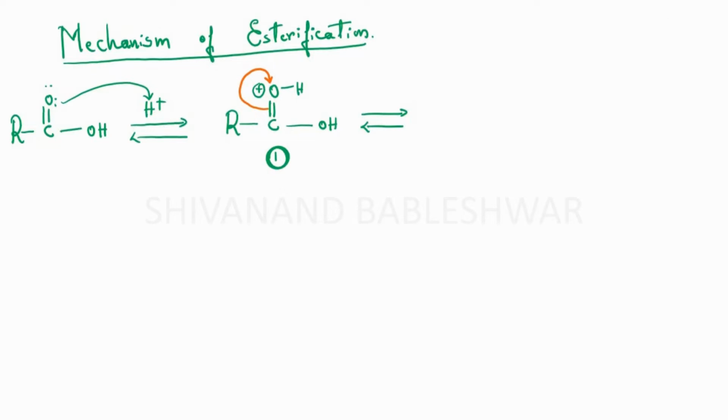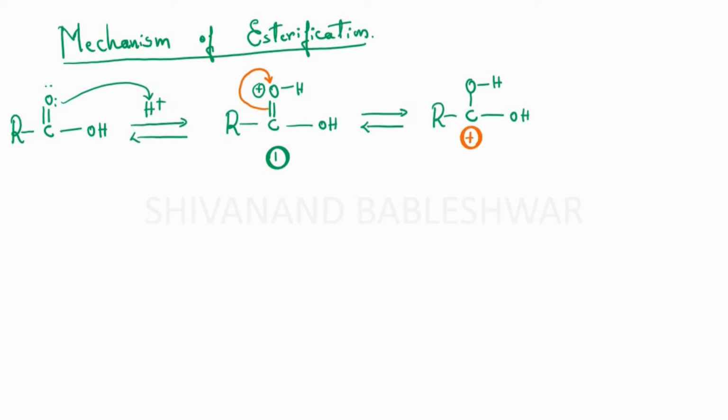Therefore we can write one more intermediate: R single bond C, single bond OH, and again single bond OH. Because of that migration of the pi bond to the positively charged oxygen atom, the positive charge is now present on this carbon atom.